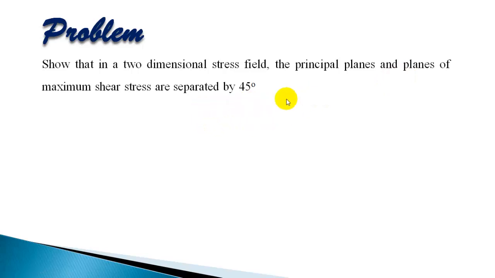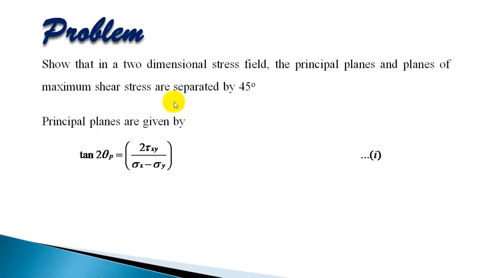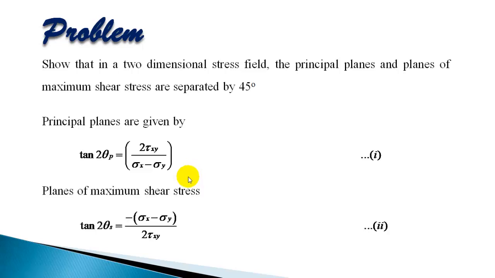Principal planes are given by tan 2 theta p is equal to 2 tau xy divided by sigma x minus sigma y, and planes of maximum shear stress are given by tan 2 theta s is equal to minus sigma x minus sigma y divided by 2 tau xy. Tan of any angle represents the slope.